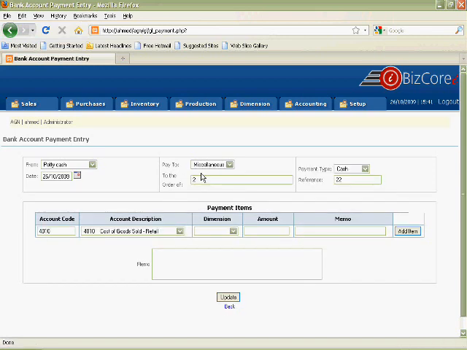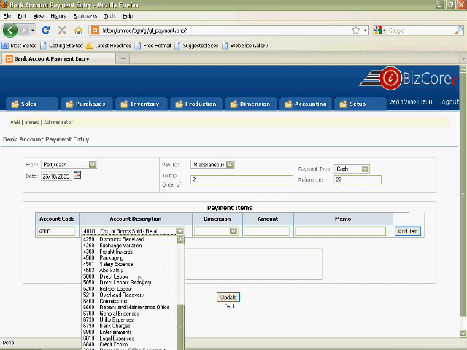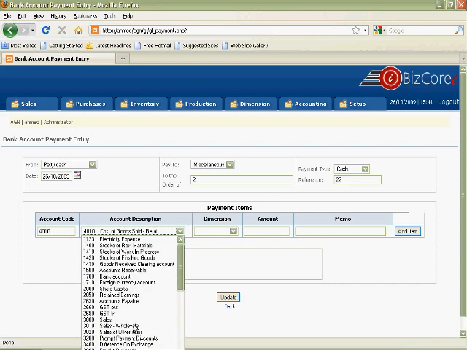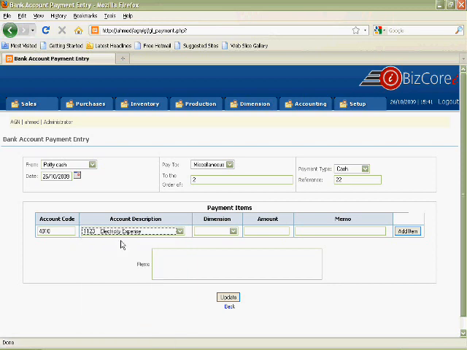If you are paying to the customer or supplier, select that, and the payment type, for example cash. You can select any type of expense, for example utility expenses, electricity expenses. Here you can select the cost factor also, or you can say the dimension.